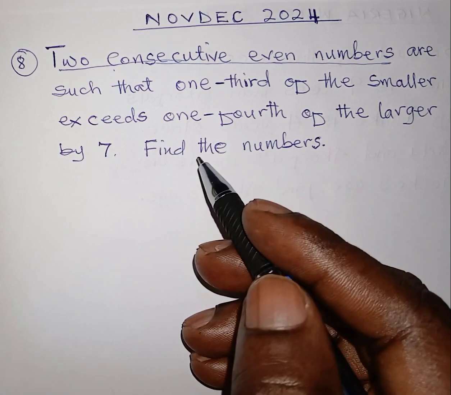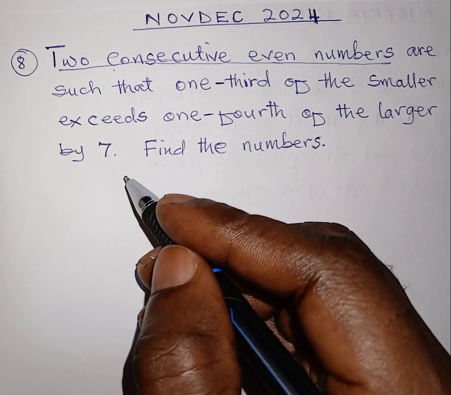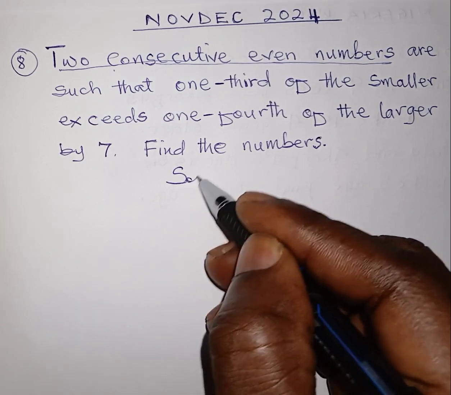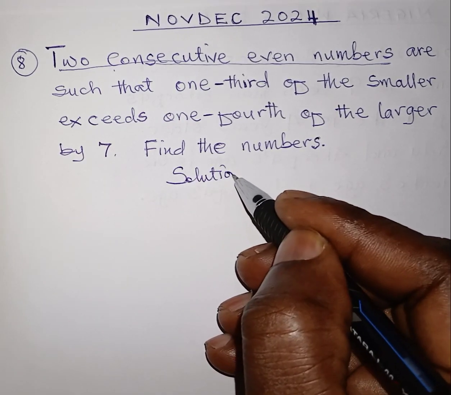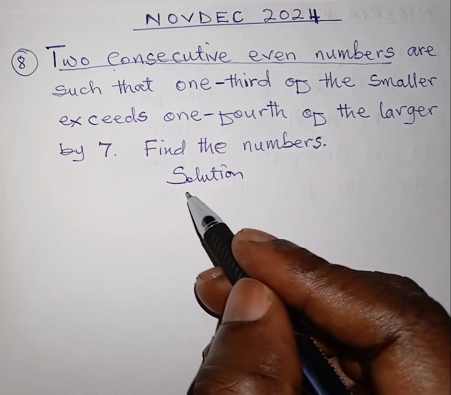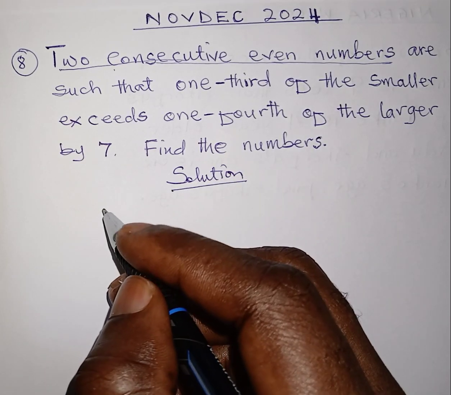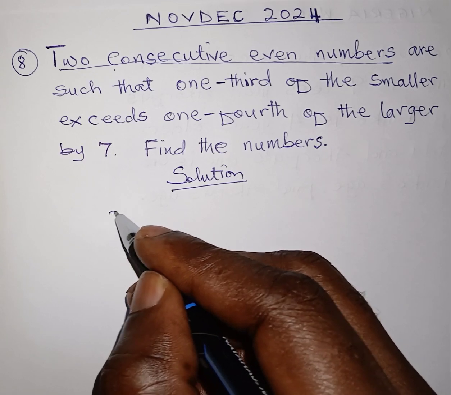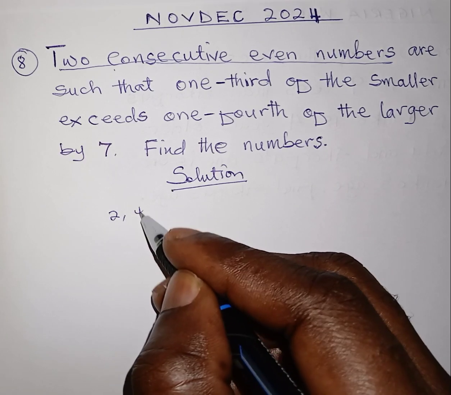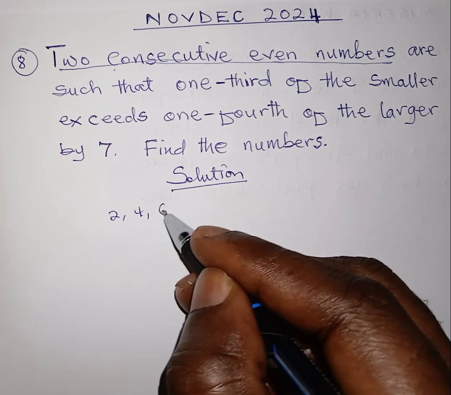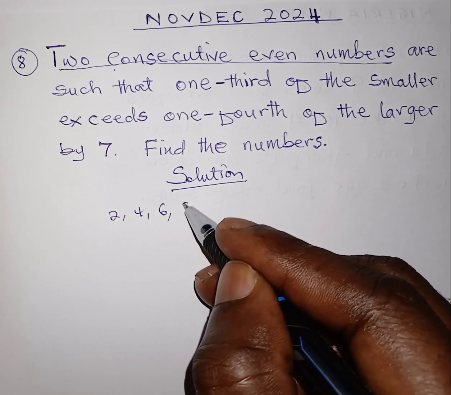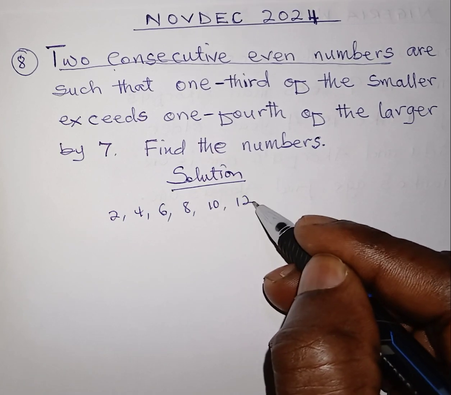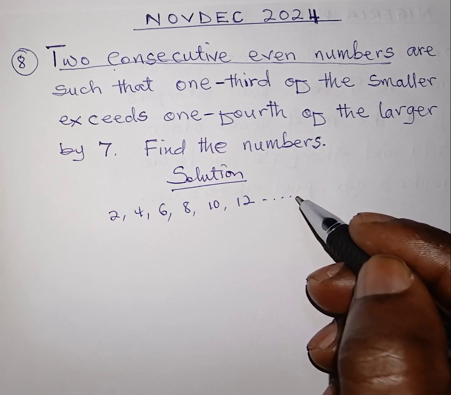So we all know that when we say even numbers, we can start from 2, move on to 4, move on to 6, then we have 8, 10, 12, and we can move on.